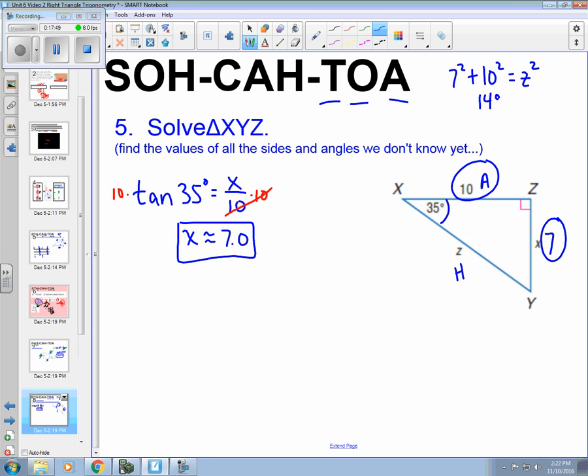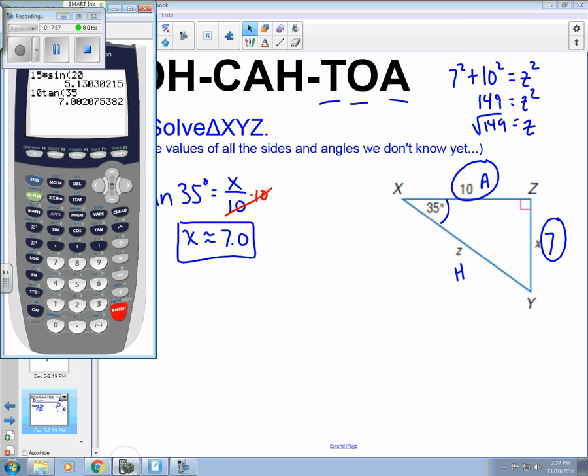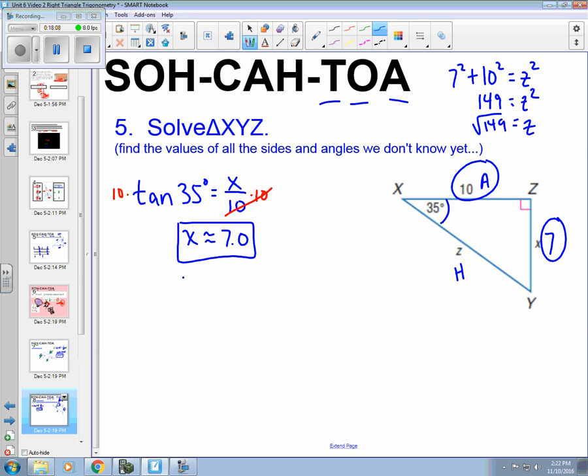Add those up, you get 149. We could take the square root of 149 and get that. Let's do that quick. Square root of 149 is about 12.2. So z in this problem is pretty close to 12.2.